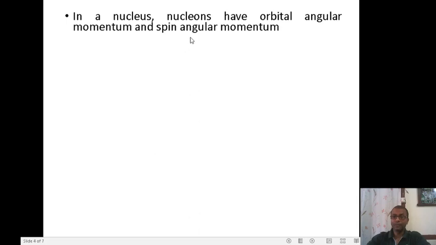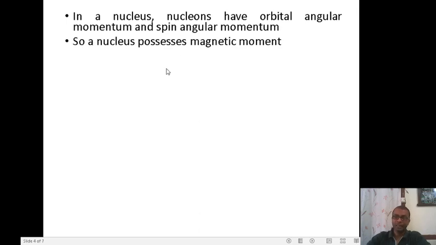So, in the nucleus, because of the orbital and spin angular momentum of the nucleons, that is the protons and the neutrons, a finite contribution will be there to the magnetic moment. Or if we consider a single nucleon, it will possess finite orbital angular momentum and spin angular momentum and associated magnetic moments due to the orbital motion and the spin motion.